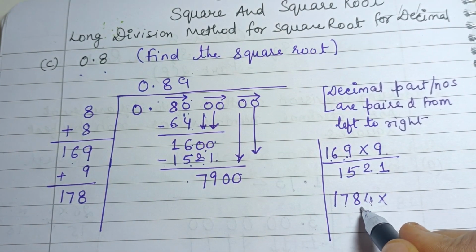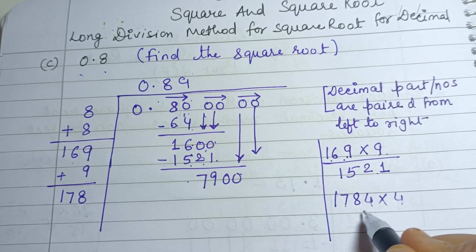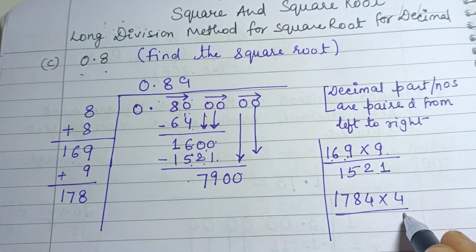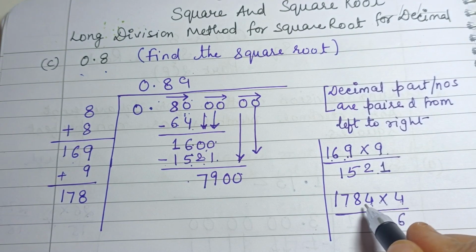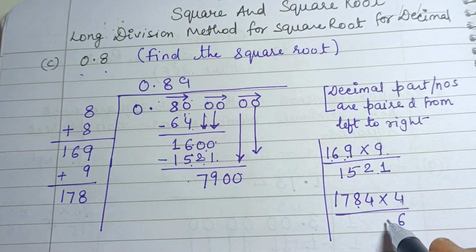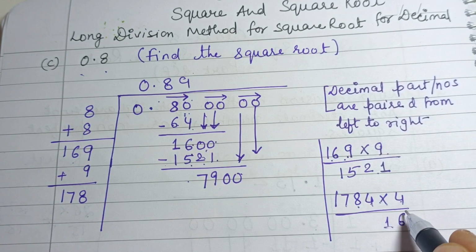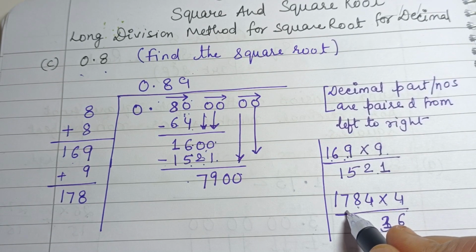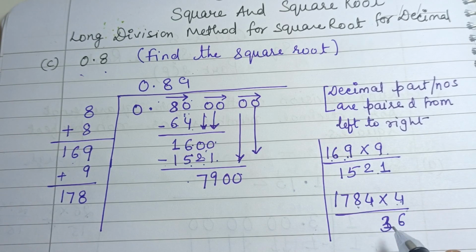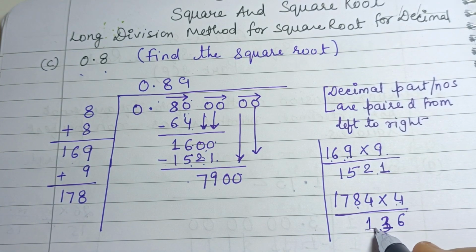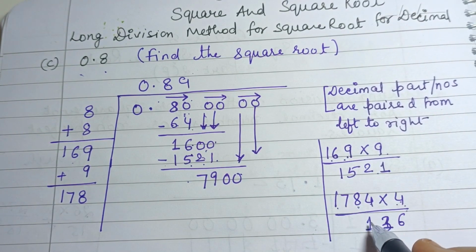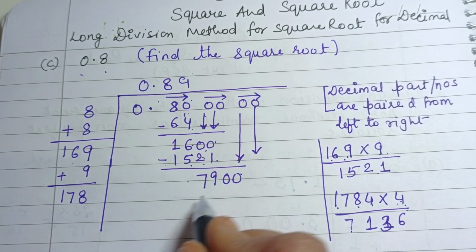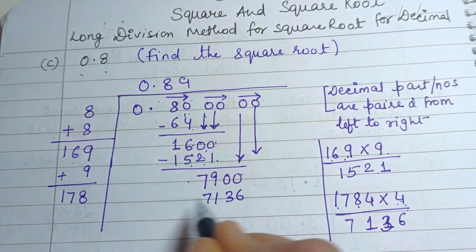In front of 178 I have put 4, multiplied by 4. 4 4s are 16, 1. 4 8s are 32 plus 1, that will come 33. 3 left. 4 7s are 28 plus 3, 31. 4 1s are 4 and 3, 7. So it is coming 7136, quite approximate.